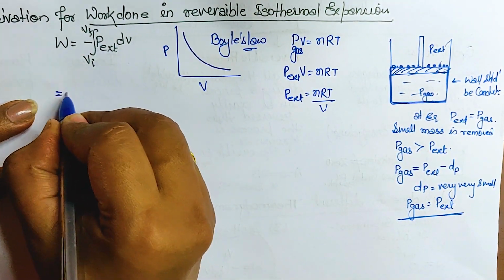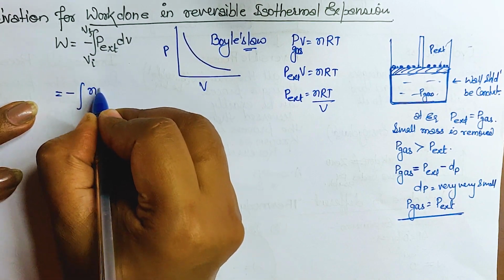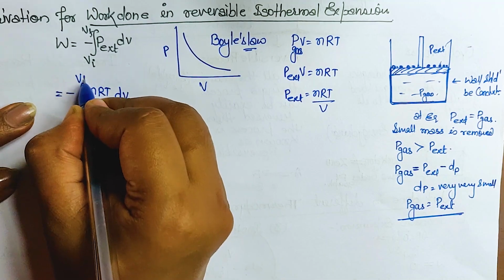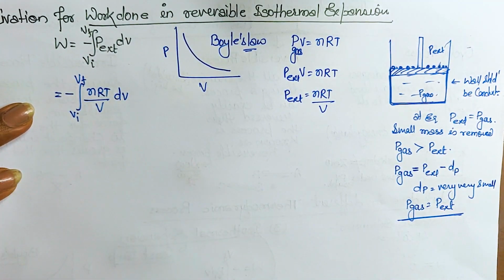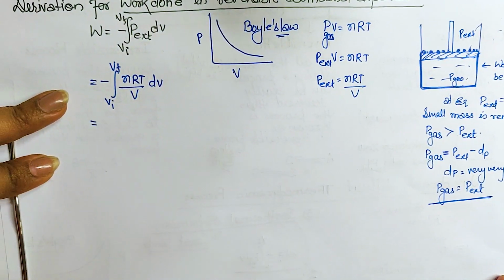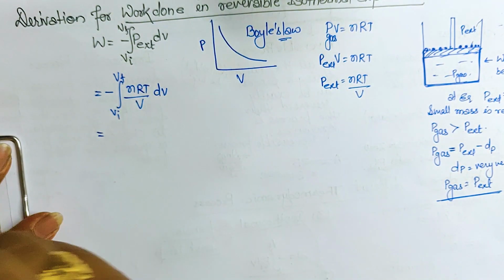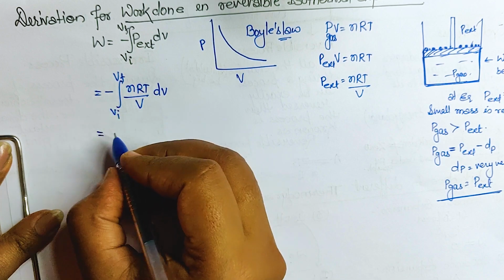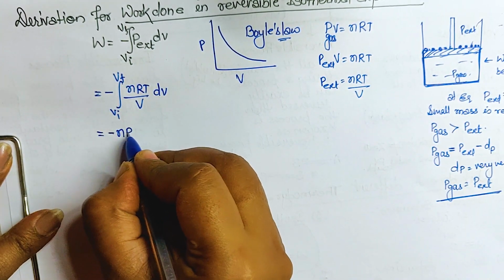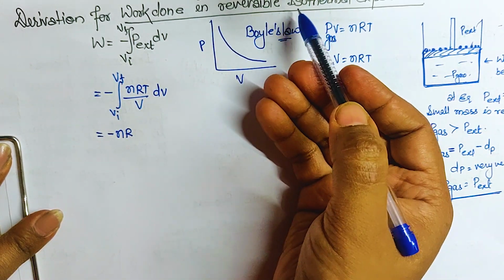So we will get minus nRT upon V dV, with limits V final minus V initial upon V initial, isn't it? And you might have done integration in maths, so the constants come out. N is the number of moles, which is constant. R is the universal gas constant, and T is also constant because it is isothermal.